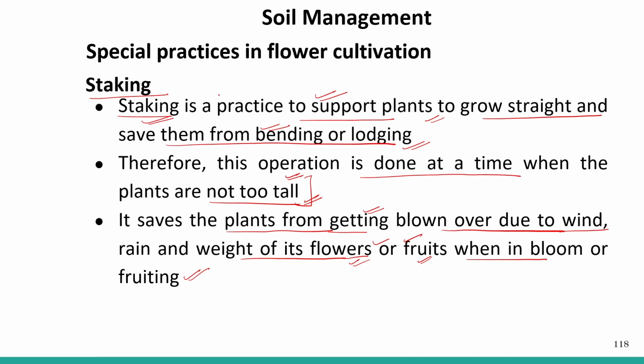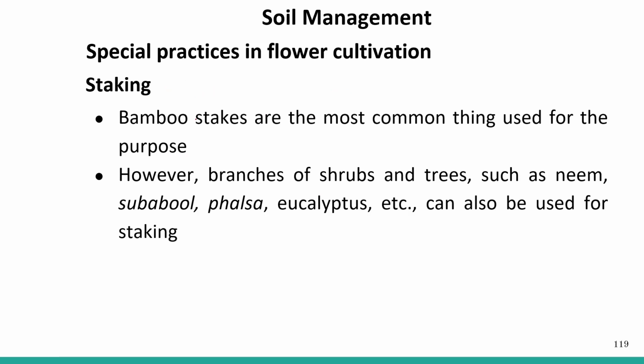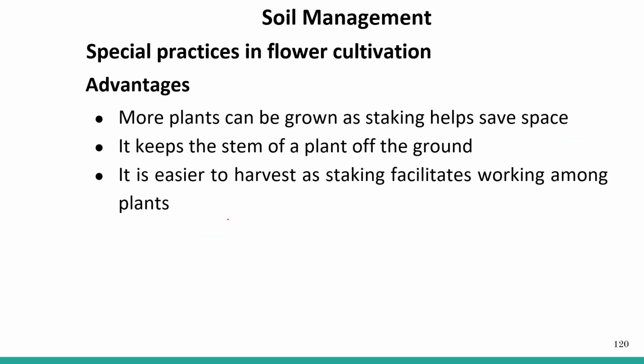So at that time it provides some support to them. Bamboo stakes are the most common thing used for the purpose. However, branches of shrubs or trees such as neem, sabul, falsa, eucalyptus, etc. can be used for this staking purpose.